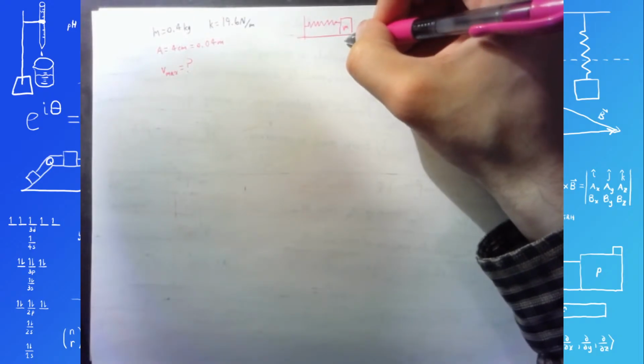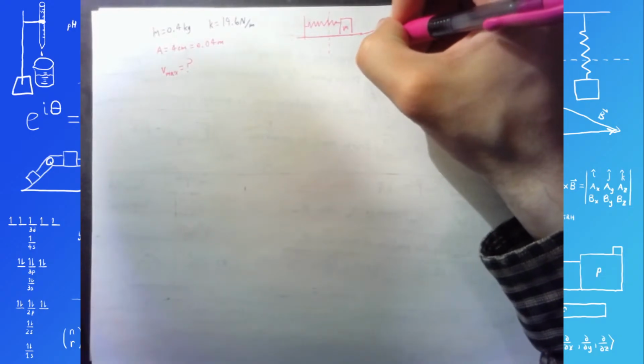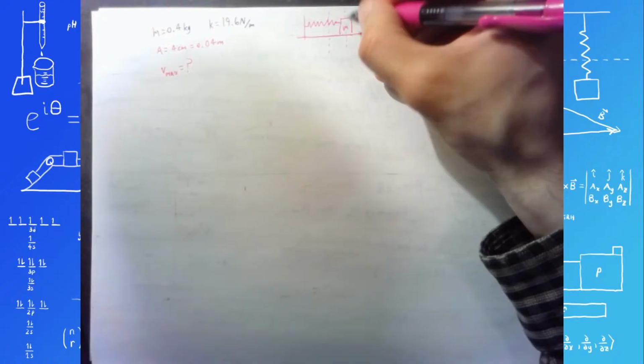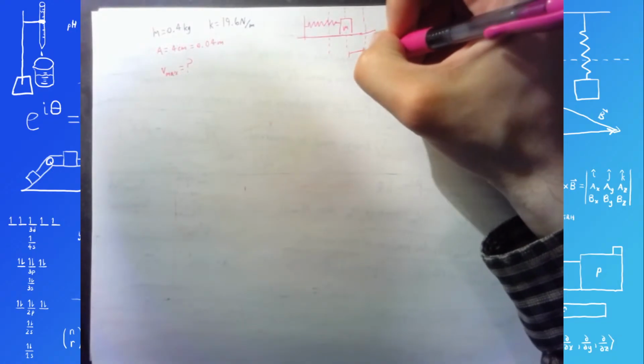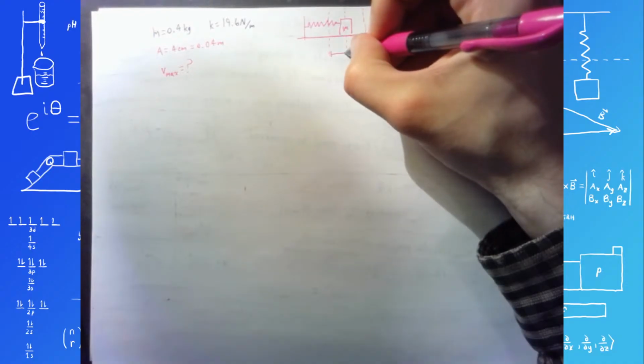We've got mass m, and it oscillates between 2 positions that are each 4 centimeters away from this central equilibrium position. So that's 4 centimeters one way, that's 4 centimeters the other way.